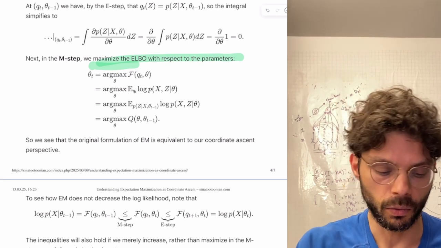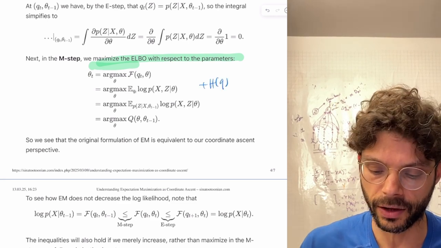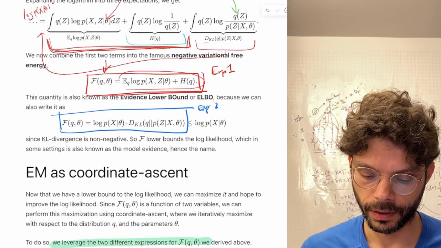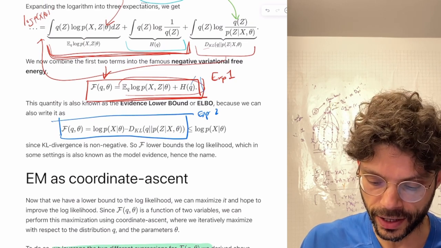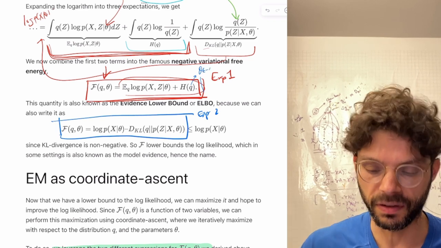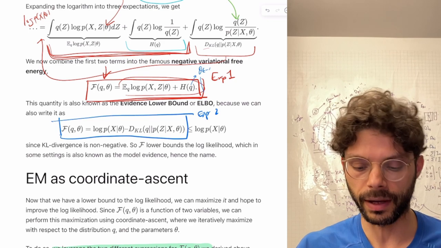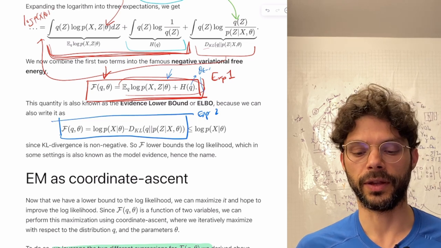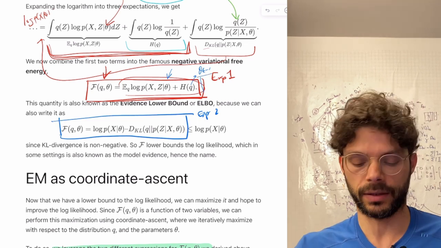Remember, there was an H of q hanging out here. So we're going to use the first expression, this one now. And Q is using the previous set of parameters. So theta, the thing that we can now update, only appears here. There's the stale theta showing up in Q, and now we're going to update our parameter.